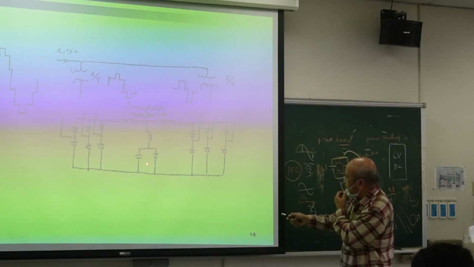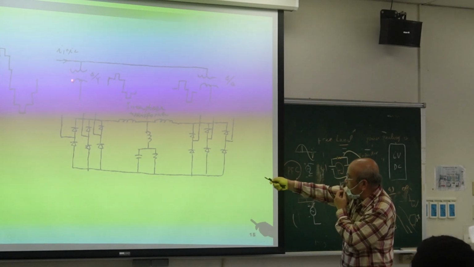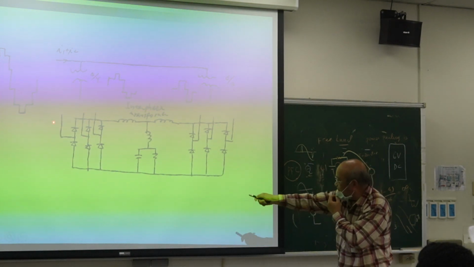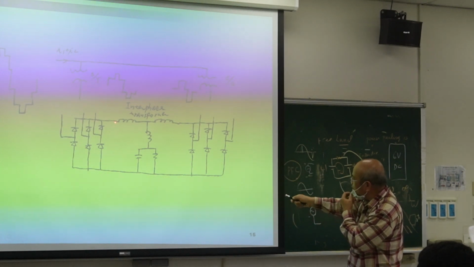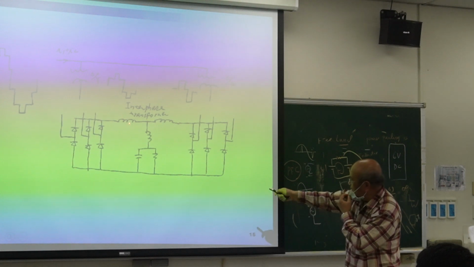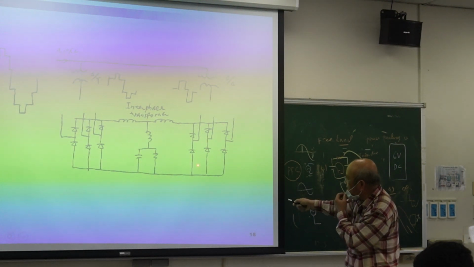And then this is DC. So we hope half the power comes from here, half the power comes from here. So we have together power 100 kilowatt. And then we use the inductor to limit the inner current.